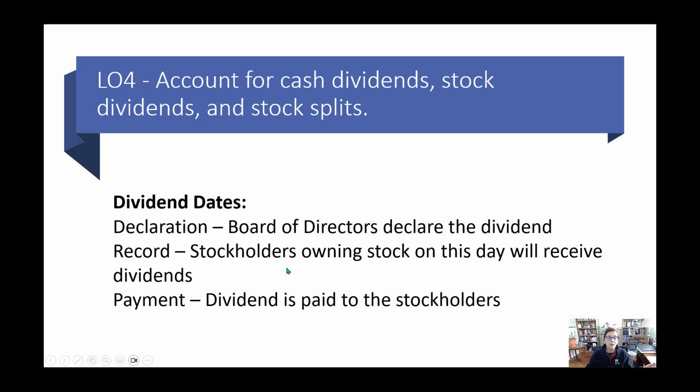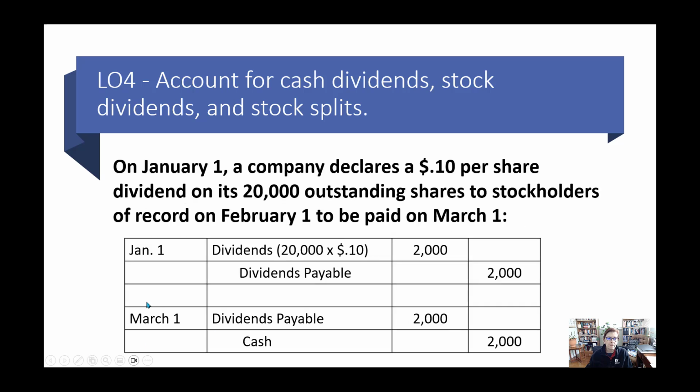The date of record is the date that stockholders have to be holding the stock, owning the stock in order to receive the dividend. So if you own the stock on the date of record, you're going to get the dividend. And then finally, the payment date is the date that the dividend is paid in cash to the stockholders, or stock is distributed to the stockholders if it's a stock dividend.